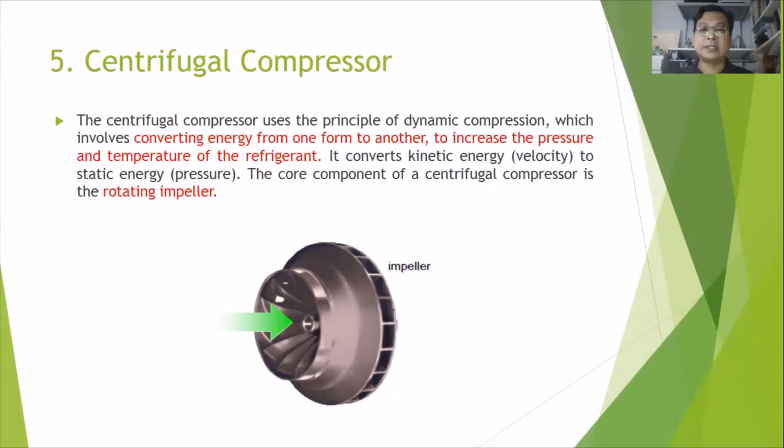The outlet uses the impeller to go in the radial direction, which means radially outward from the radius. This one is axial. So input from the axial, output in the radial.